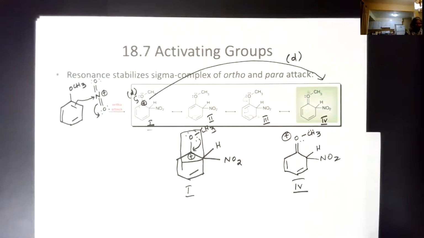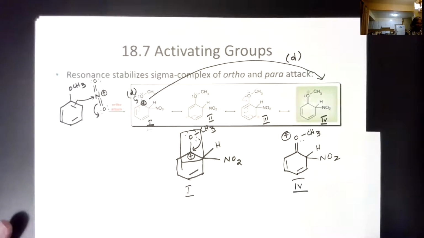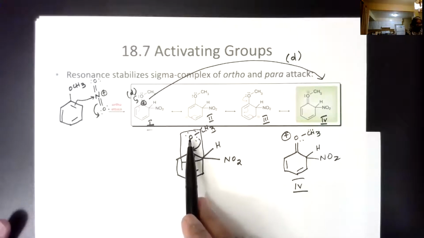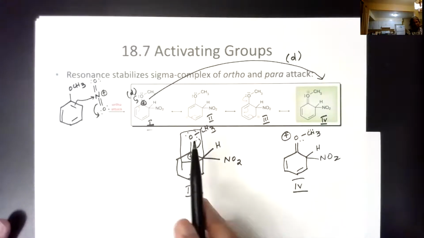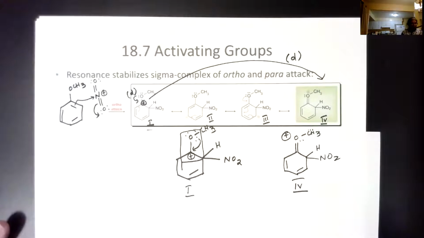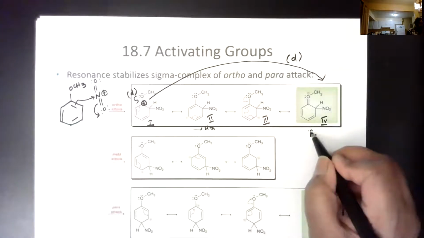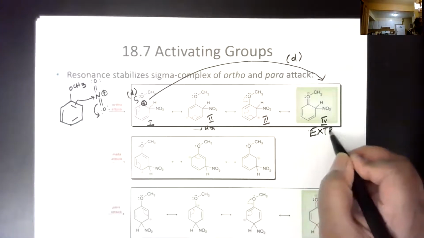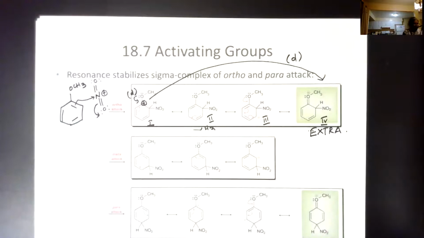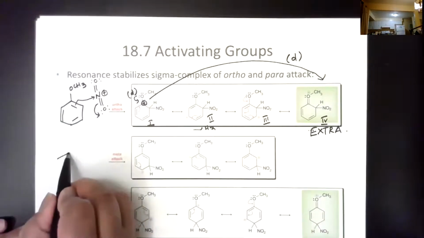So you have extra stabilization because the positive charge for 1 happens to be there, and that atom outside the ring happens to have a lone pair of electrons to donate. So you have an extra resonance structure.